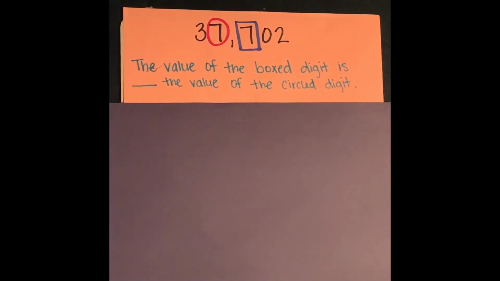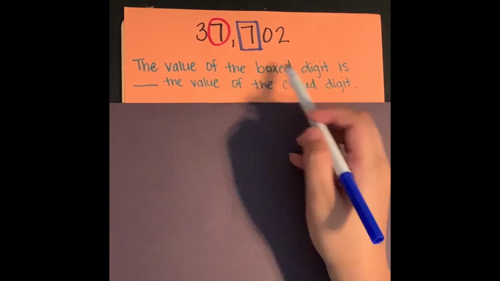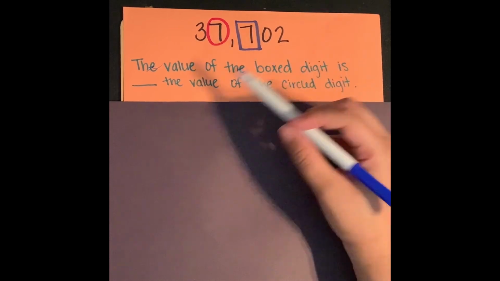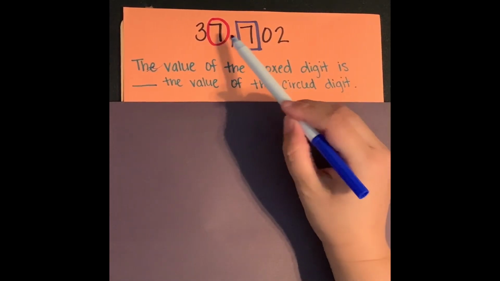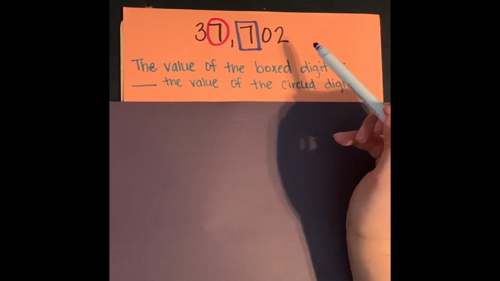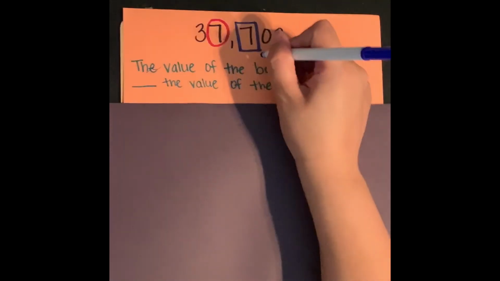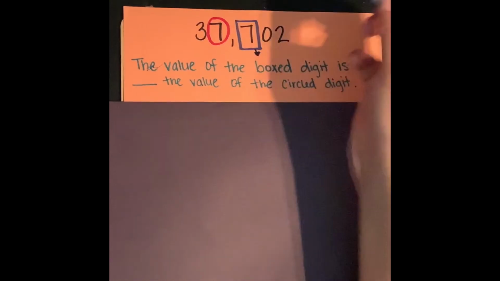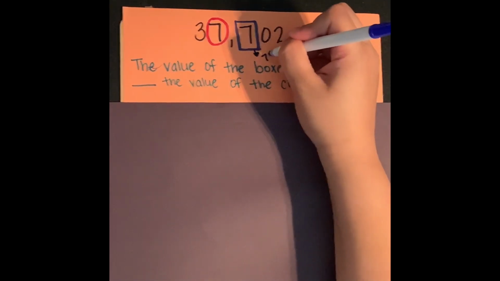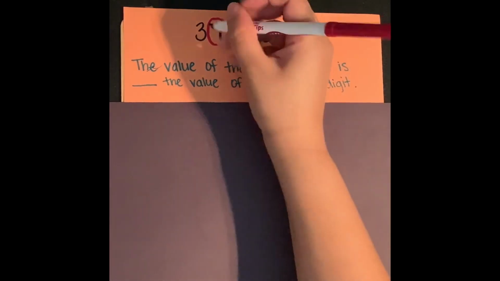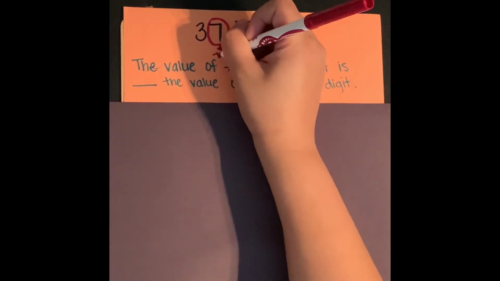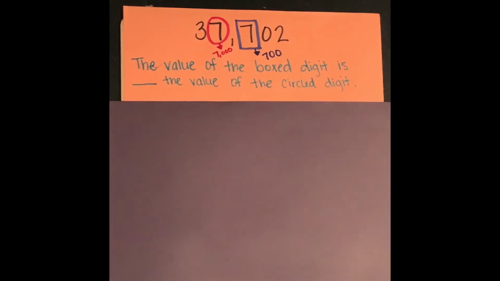Here's another common type of example. Let's take a look at it. It says the value of the box digit is blank the value of the circle digit. So if you look at both digits, it's 7. This 7 is 700, while this 7 has the value of 7,000.